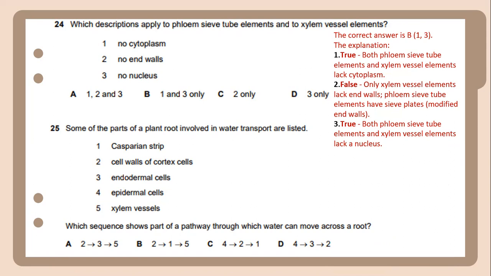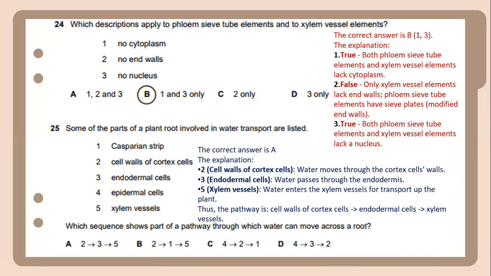And also true for number 3, because both phloem sieve tube elements and xylem vessel elements lack a nucleus. And number 2 is false because only xylem vessel elements lack end walls. Phloem sieve tube elements have sieve plates, which are modified end walls. 1 and 3.